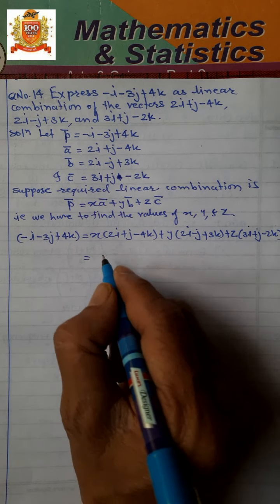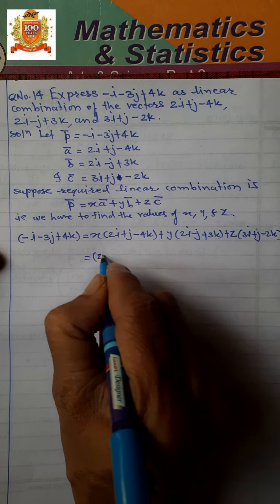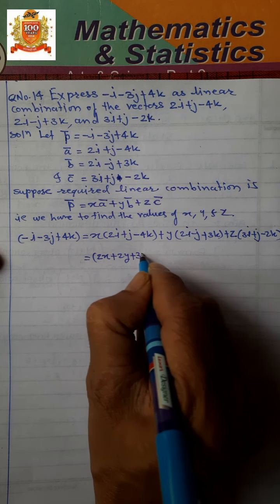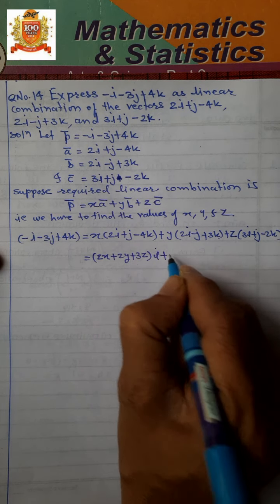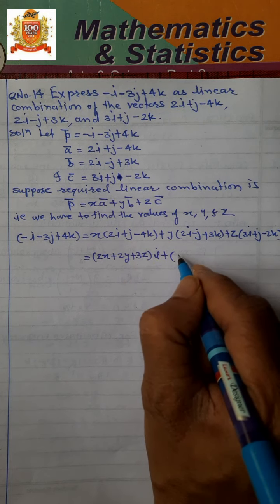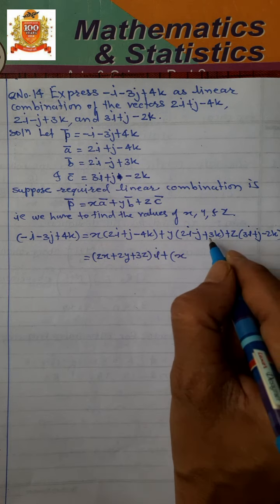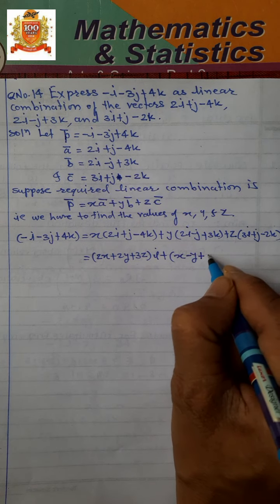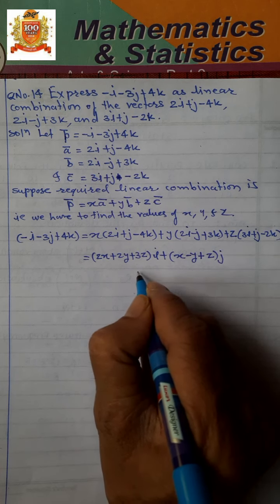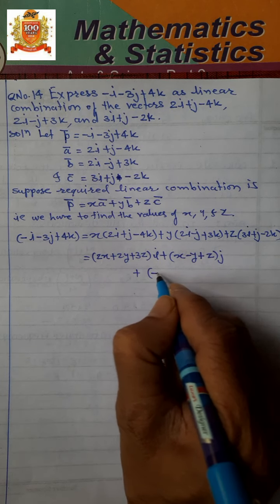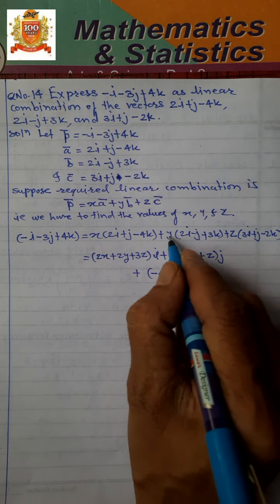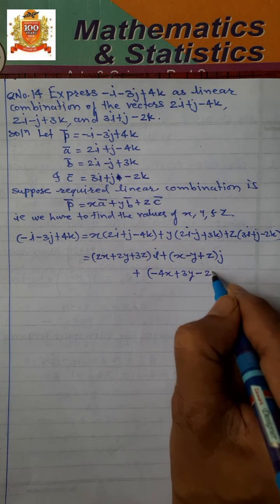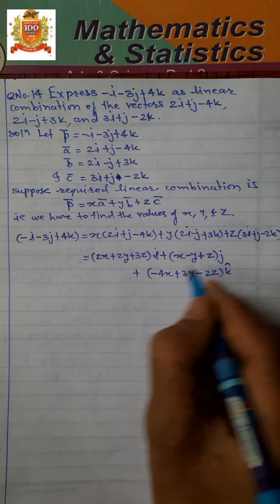comparing the coefficients, 2x plus 2y plus 3z into i plus x minus y plus z into j plus minus 4x plus 3y minus 2z into k, isn't it?